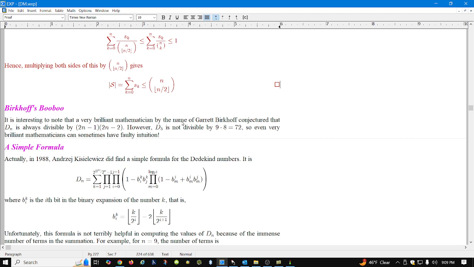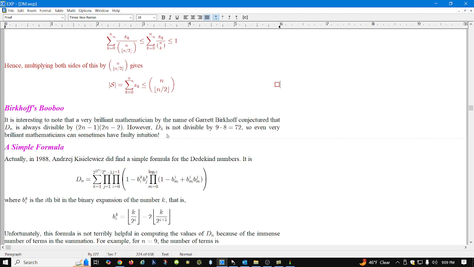Now, there was a very brilliant mathematician by the name of Garrett Birkhoff. I actually knew him, I just met him at a Harvard gathering when I was teaching at MIT. He seemed like a very nice gentleman. He was a very close friend of a friend of mine. He conjectured that the Dedekind number d sub n is always divisible by (2^n minus 1) times (2^n minus 2).